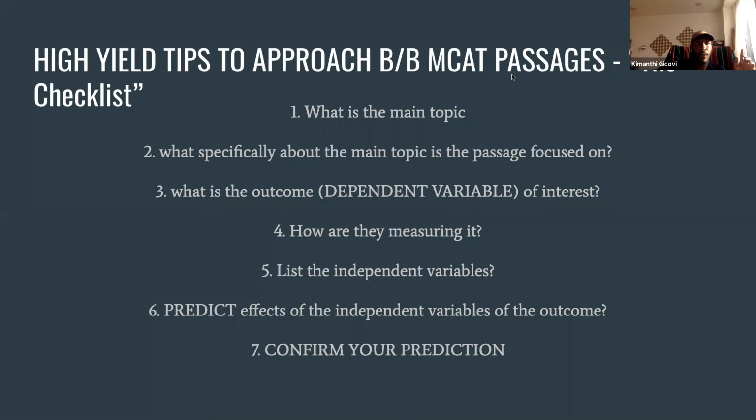So I got a couple rules. This is a checklist. Don't use my checklist as a chronological order of things you have to do. It's not gonna make sense. It's a set of things that you know, before you even look at the passage, you need to know.